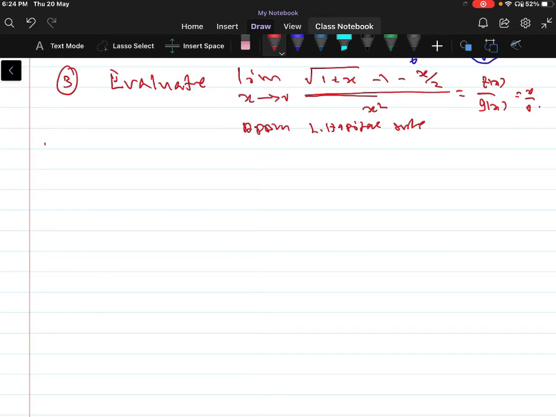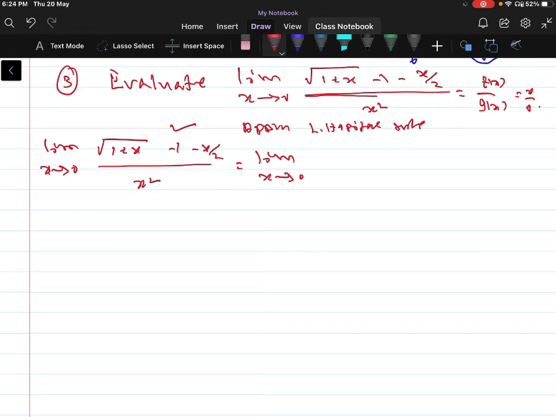So now limit as x approaches 0 of root of 1 plus x minus 1 minus x by 2, divided by x square. Differentiate the numerator with respect to x.